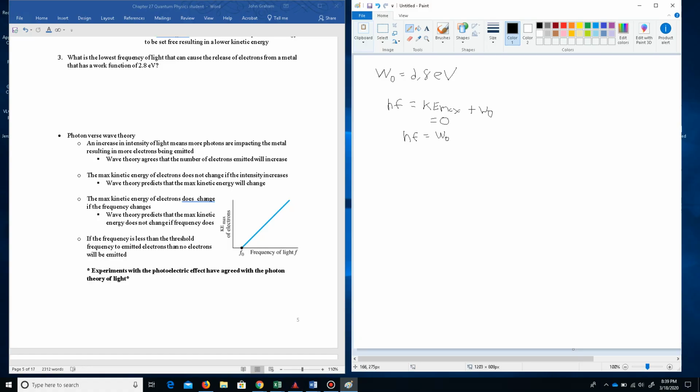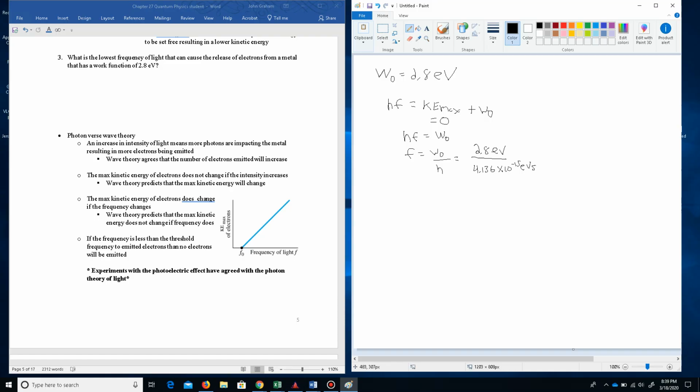We want to find the frequency, so the frequency is the work function over h. Now we're dealing with eV, 2.8 eV, so we can just use h as 4.136 times 10 to the negative 15 eV per second, or eV seconds.